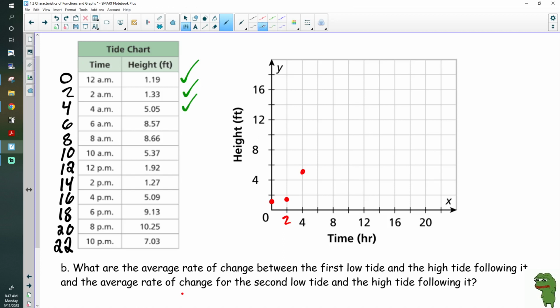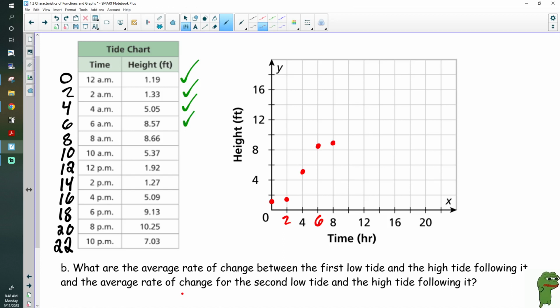At 6, we're at 8.57. Here's 6. 2, 4, 6, 8, and a little bit more. There-ish. At 8, we got 8.66, so 2, 4, 6, 8.